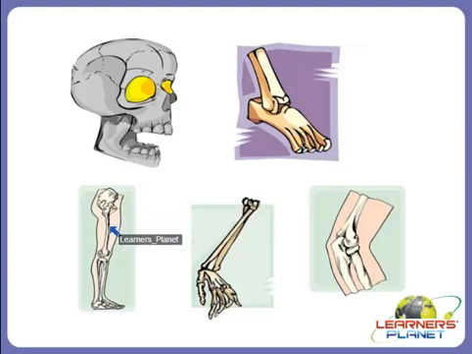This is a leg joint or a femur joint. So we can see here that there are more than two bones which make a joint. So we can bend ourselves.